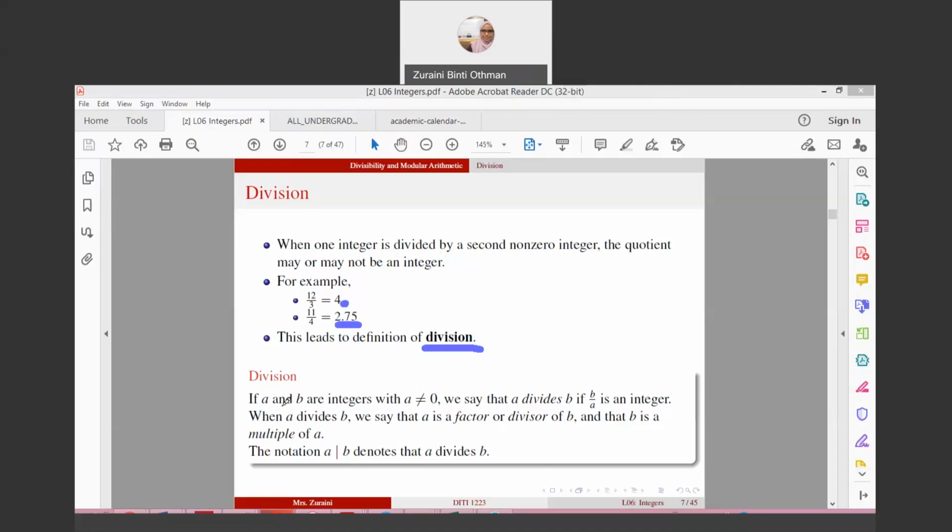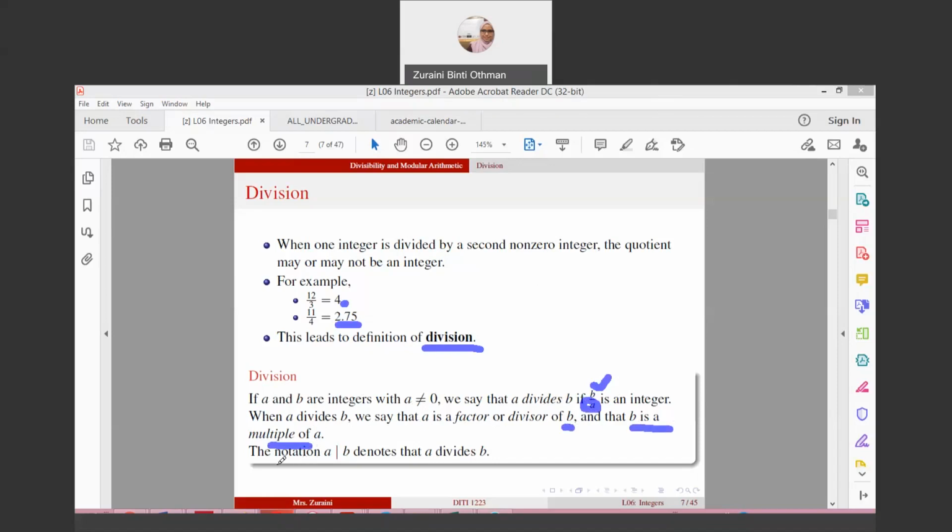If a and b are integers with a not equal to 0, we say that a divides b if b divided by a is an integer. When a divides b, we say that a is a factor or divisor of b, and b is a multiple of a.